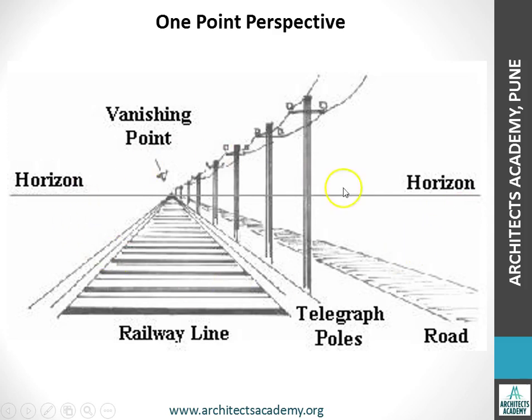So let us look at this particular example. This example is giving you a 1 point perspective. This is a railway line, and in reality these two rails are actually parallel to each other.